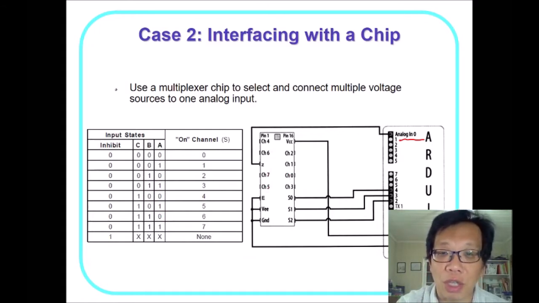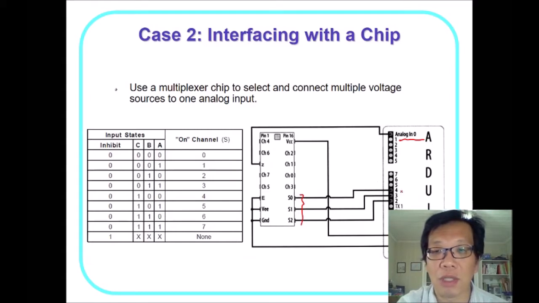If we change the input pins A, B, and C, which correspond to S0 to S2, by using 3 digital pins over here, we can actually control which channel from channel 0 to channel 7 gets into analog 0.